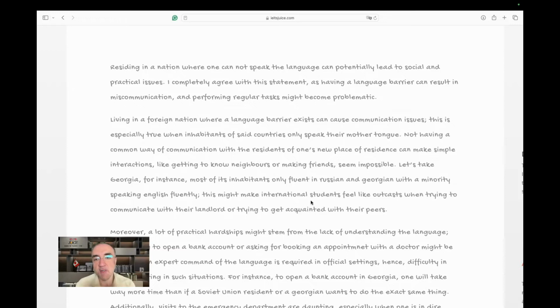This might make international students feel like outcasts when trying to communicate with their landlords, we generalize, or maybe landladies. So landlords and landladies, or trying to get acquainted with their peers. Good. Very good.